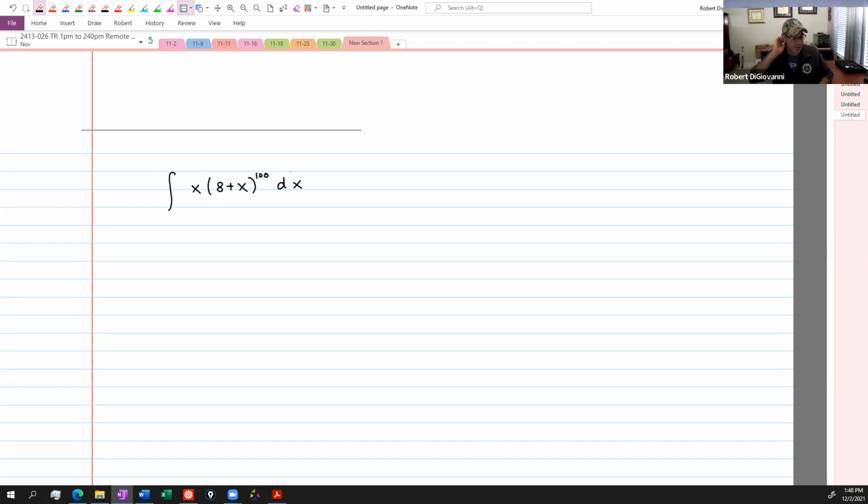Let's get some things established first. You are not allowed to push this x inside and make this 8x plus x squared. You cannot do that because order of operations says you must do exponents. You have to do that 100th power before the multiplication between these two, right? So maybe you're like, okay, I'll just expand 8 plus x times 8 plus x times 8 plus x, maybe 100 times.